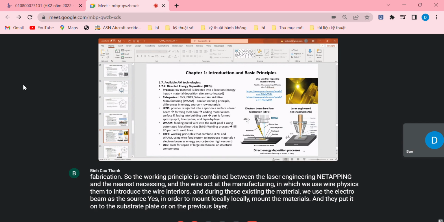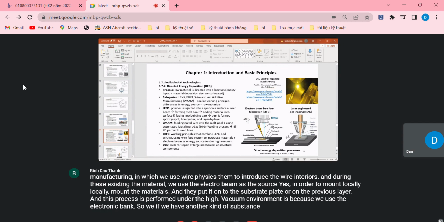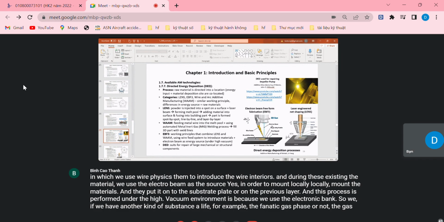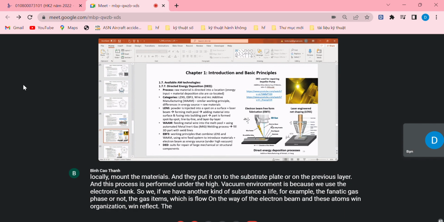And this process is performed under a high vacuum environment. That's because we use the electron beam gun. If we have another kind of substance, for example a gas phase, flowing in the way of the electron beam, these atoms will reflect the electron beam and reduce its energy.